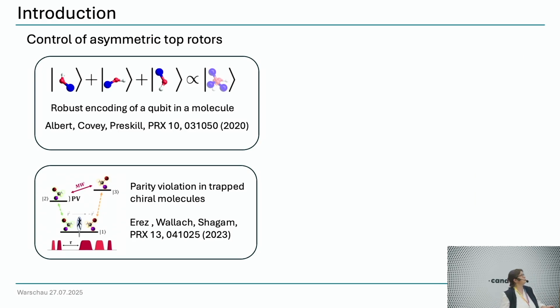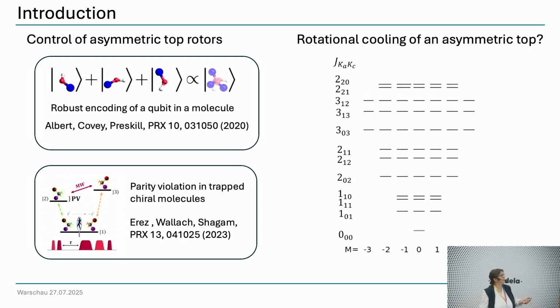One is a proposal to use the rotational states of asymmetric top rotors for quantum error correction. And the other example, and not the least one, is that chiral molecules are asymmetric top rotors. And by now we have heard two talks telling us why chiral molecules are interesting.